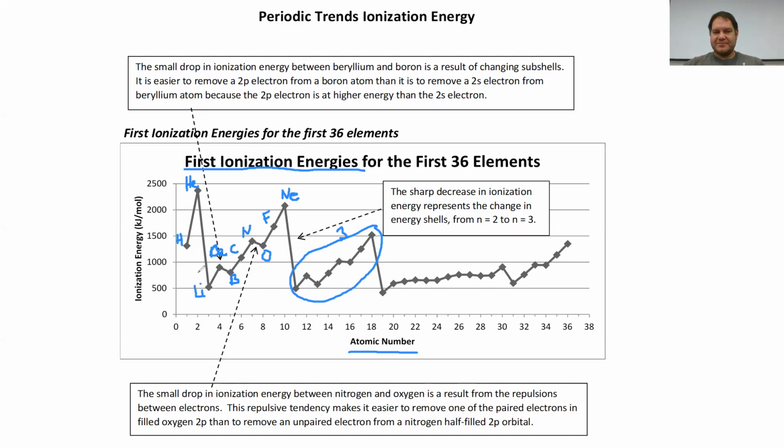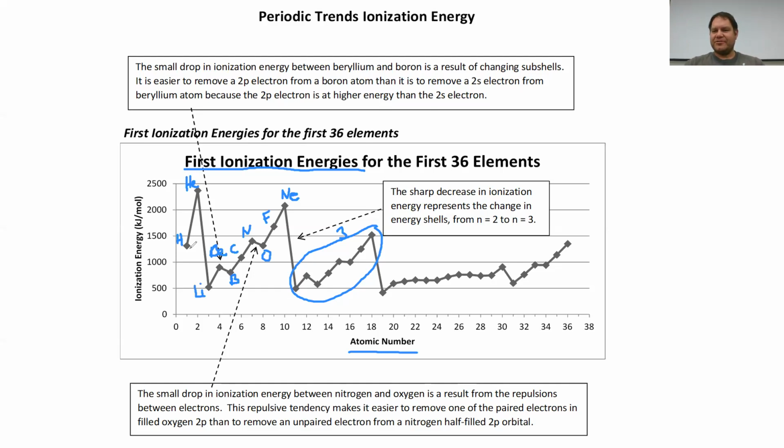So it appears that there is a trend going across a period, left to right. It's taking more and more energy to remove the first electron as we go left to right across the periodic table.